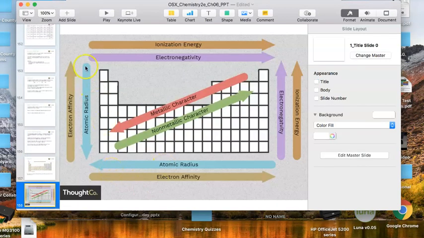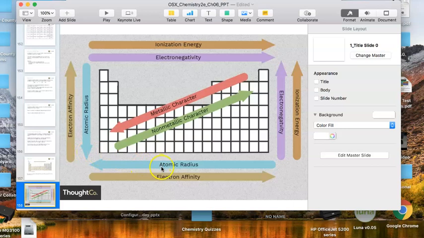So going back to our picture here for atomic radius, these arrows point to increasing value. So every time it's pointing in a certain direction, the assumption is that the value is increasing as we go towards the arrow. So as we go from the top to the bottom, the atomic radius is increasing, just like I explained.